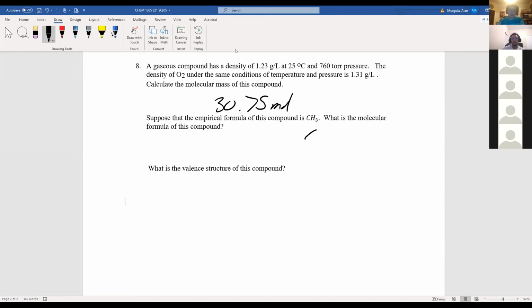So we have an empirical formula. What does this mean when we have an empirical formula versus a molecular formula? Empirical is the simplified version. Exactly. So if an empirical is a simplified version, what's the simplest whole number that I can multiply this by in order to make it into a molecular formula?